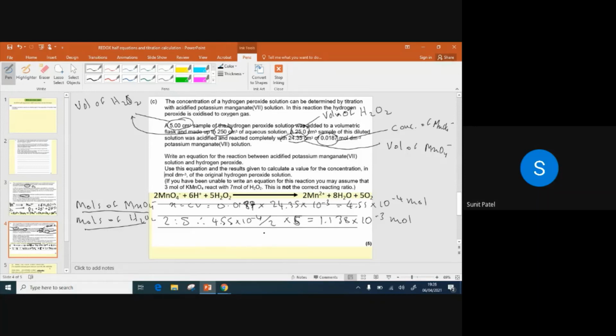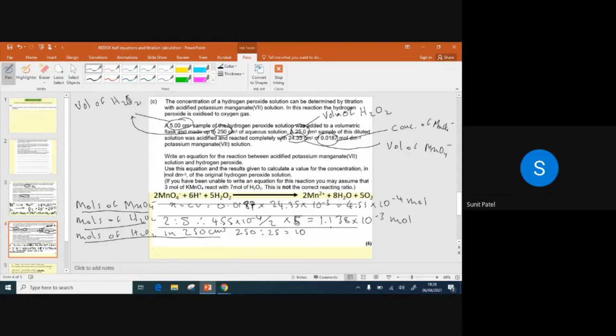Now we've actually taken a small portion of the original, haven't we? So we've got to work out the actual moles of H2O2 in the 250, because we've diluted it. We've taken out a small portion. Now we've got to work out how much of that portion we've actually titrated. Well, if you look at this, we have 250 cm cubed. That's what we took it from, and the portion we took out was 1/10. 250 divided by 25 gives you a factor of 10.